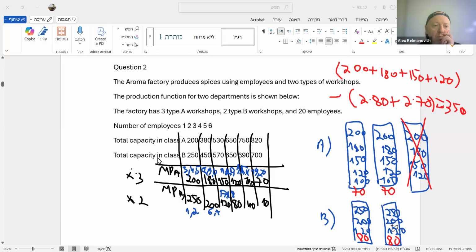Okay, so the workshop B, I'm going back to the original position.